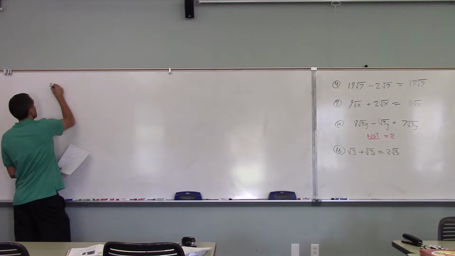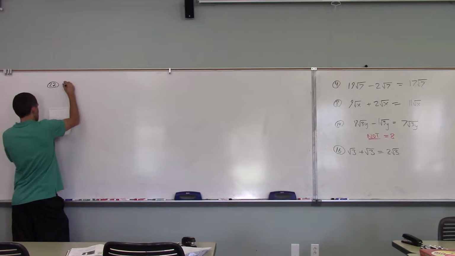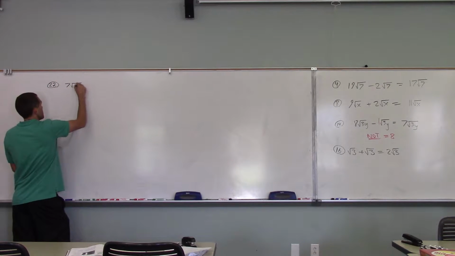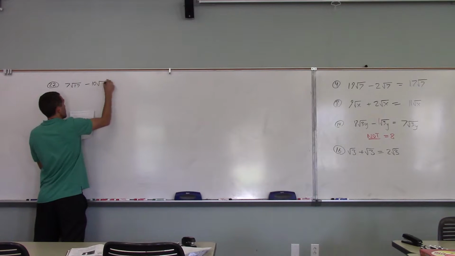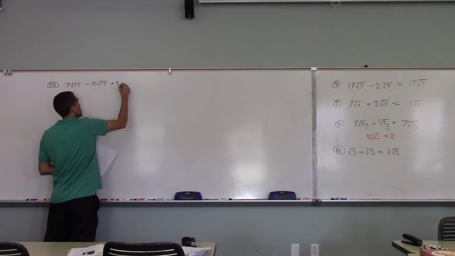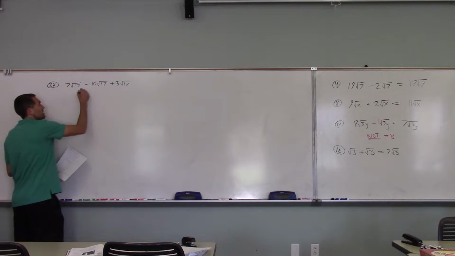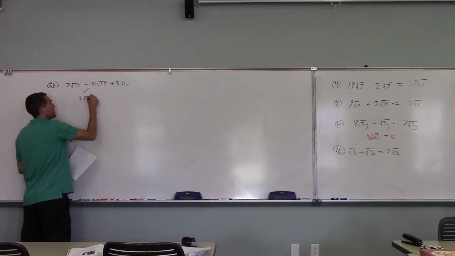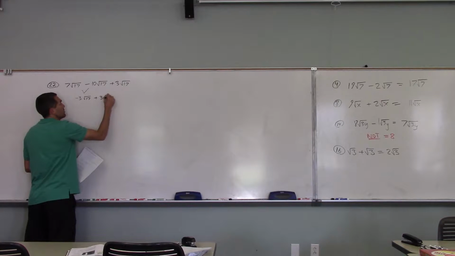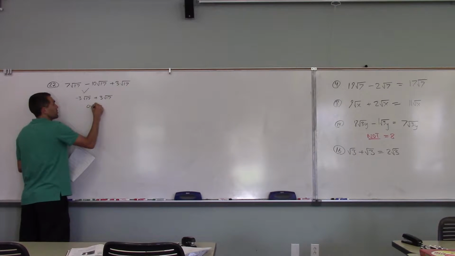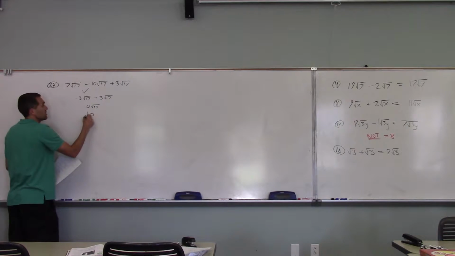So one more where you can combine them is what about 7 root 17 minus 10 root 17 plus 3 root 17? Well, we just combine these and we get negative 3 root 17 plus 3 root 17, or 0 root 17, or it's just 0.